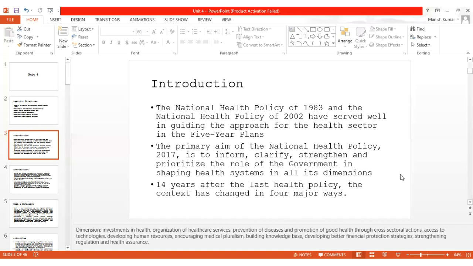We try to reduce maternal mortality, infant mortality, neonatal mortality. So similarly, Government of India also comes up with a national health policy. The latest one was in 2017.